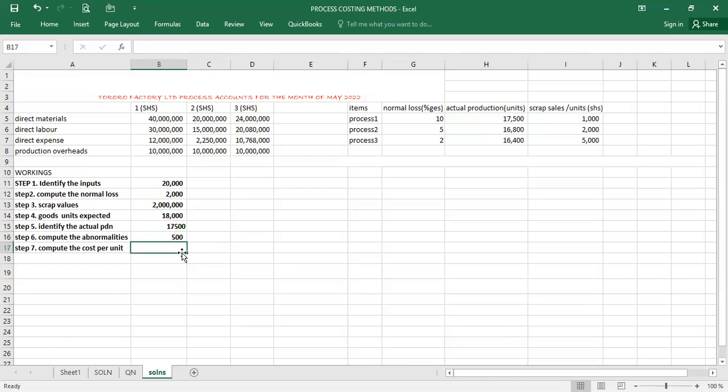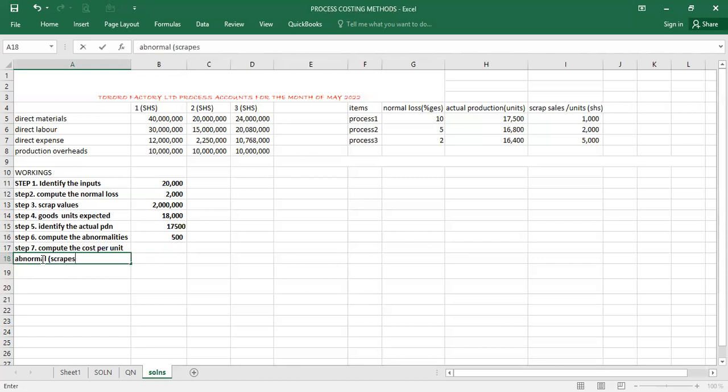This becomes an abnormal loss of 500 units. We can also determine the abnormal loss scrap sales.